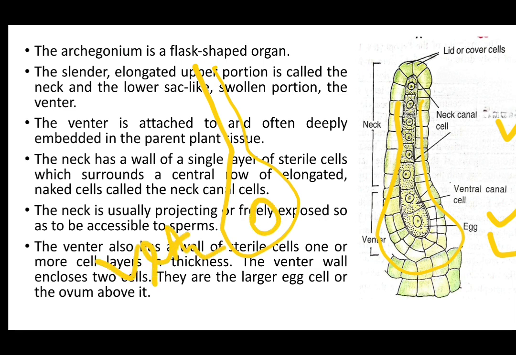Inside that venter one egg cell is present. Neck canal cells are in the neck, and the ventral canal cell is present just above the egg cell. It is the basic structure of the archegonium of bryophytes.